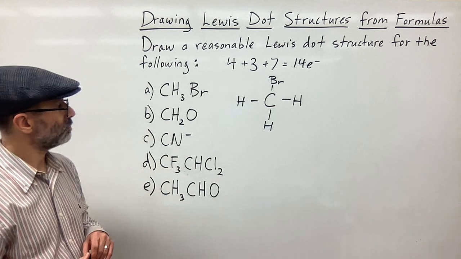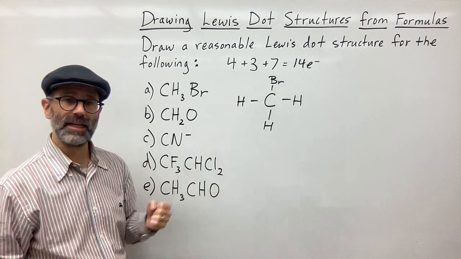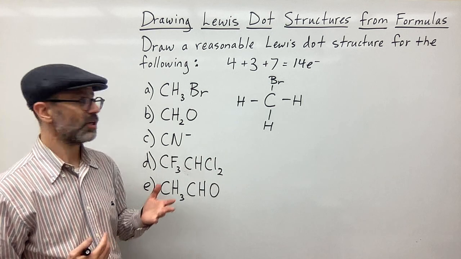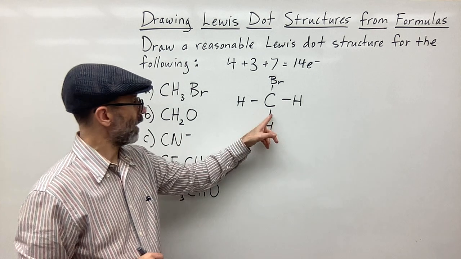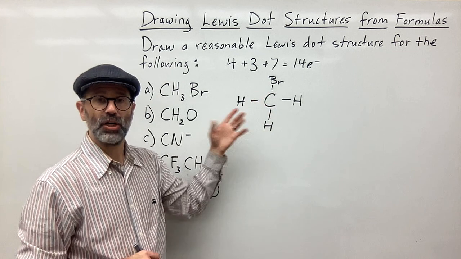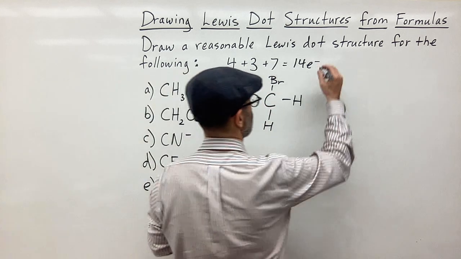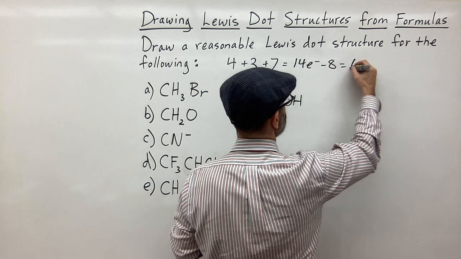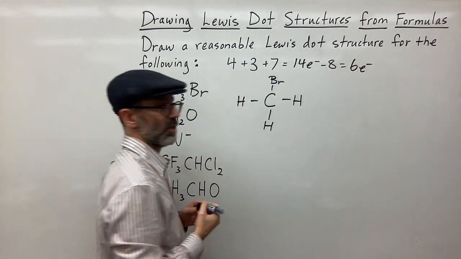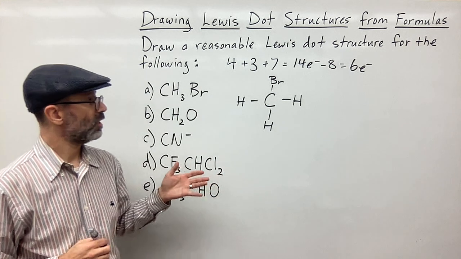Now that I have my skeletal structure, I'm going to subtract out the number of electrons I used in creating it. I've got 4 single bonds, 2 electrons per bond, that's 8 electrons. So I'm going to subtract out 8, and that gives me 6 more electrons to use. So this is step 2.